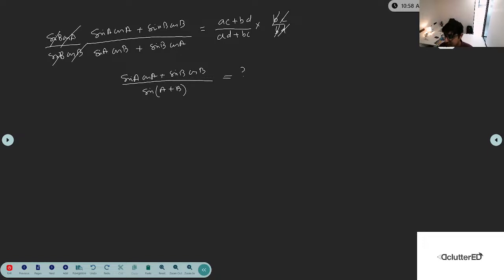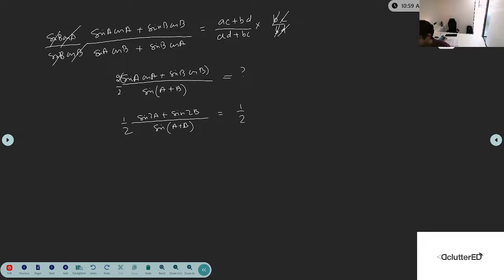Let's simplify this further and multiply with 2 and divide with 2. So I'll be left with sine 2a plus sine 2b into half by sine of a plus b. And we also know the sine c plus sine d formula is this.